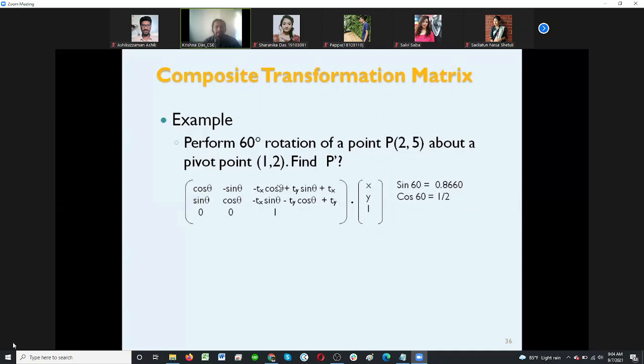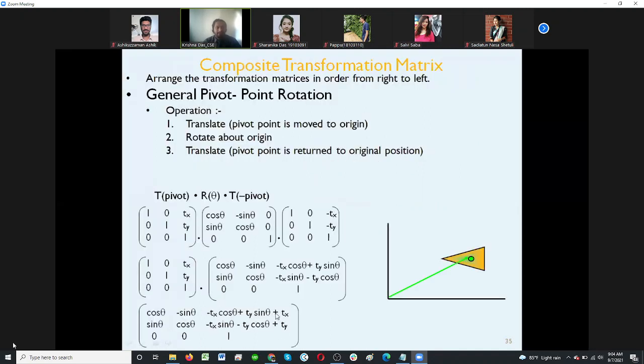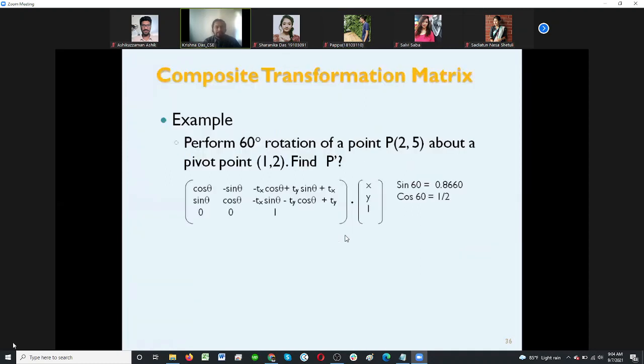This is my general pivot point rotation formula. How it has been formed, we have just seen, with the composite of these matrices. Now, can you tell me what should be tx and ty from the problem? 1 and 2, right?